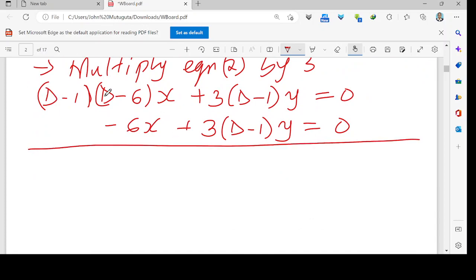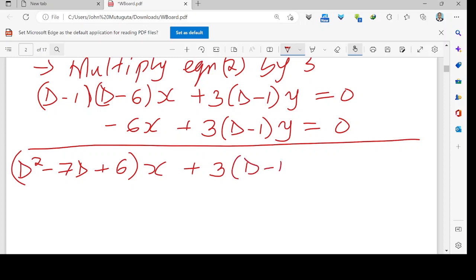So we have d times d is d squared. So we get d squared minus 7d, then plus 6. This one operates on x, then plus 3 into d minus 1 operating on y is equal to 0.